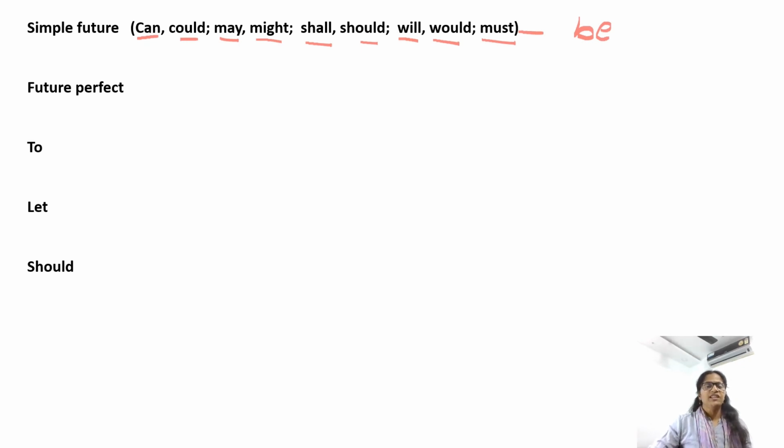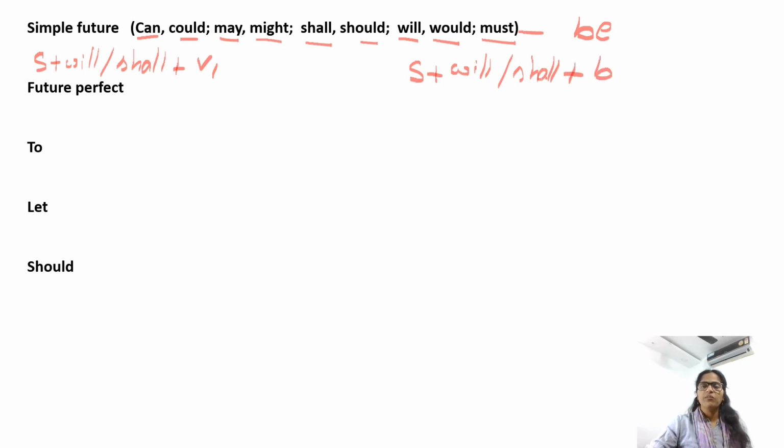The structure of a sentence in active voice in simple future is subject plus will or shall plus the V1 form of a verb, and the structure of simple future in passive voice is subject plus will or shall or any of these modals plus the be form be plus always the V3 form of a verb. Now if the sentence is in future perfect, we need to use been. Let's see the structure of a sentence in future perfect in active voice.